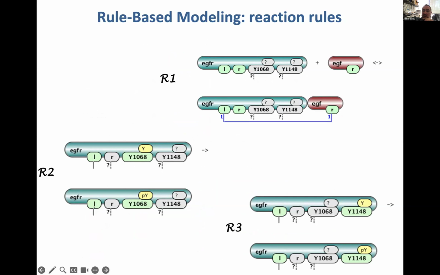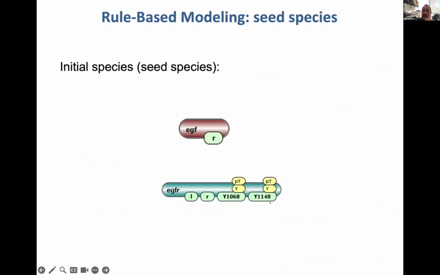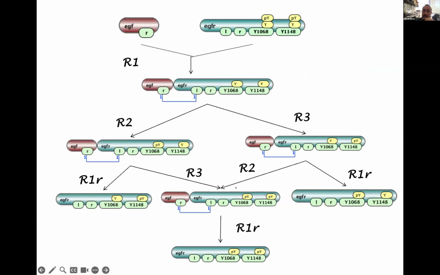So it's a very simplified system. So this indicates that ligand is bound, you see. These three rules are applied to the initial set of seed species. So we have EGF and we have EGFR, and it has to be unphosphorylated.